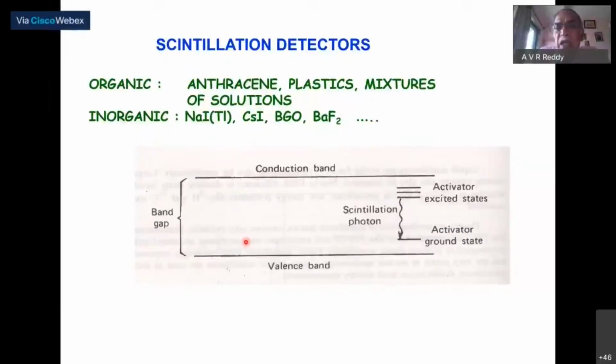Then what happens is, when radiation passes through or interacts with this material, the energy will be transferred to the electrons of the material, which will move to the conduction band. While they are going to the conduction band, a hole will be left behind.